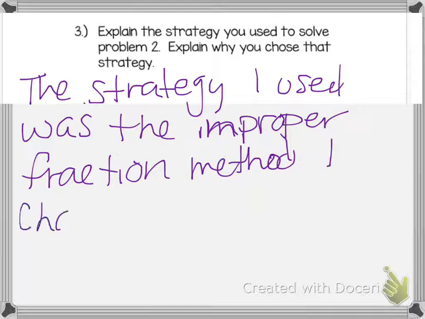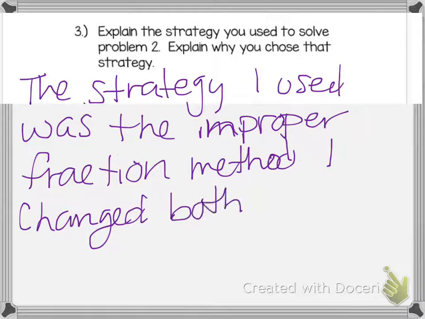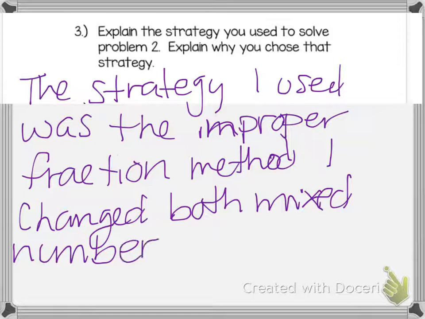I changed both mixed numbers to fractions.